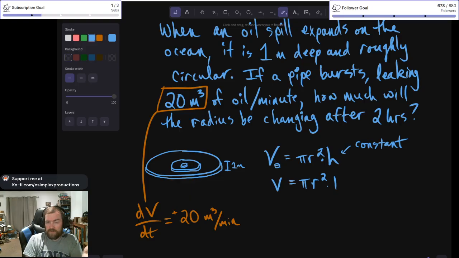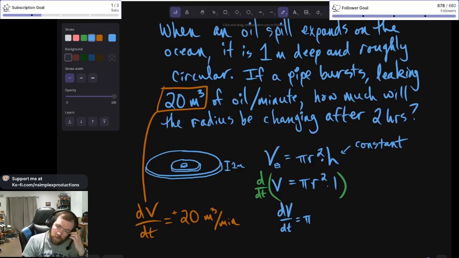So how do we get dV/dt? Oh, look at that. We need to derive this particular equation with respect to t, time. So we end up with dV/dt is equal to pi. Here, constant there, we're taking r squared and taking its derivative.